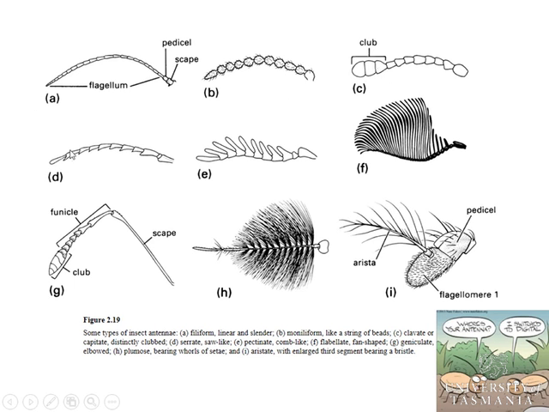Once we're starting to increase the surface area of the antenna, we'll be starting to think that they're using chemical communication a lot, okay? Particularly in sexual communication between males and females. So we're starting to increase that surface area here. We've got serrate or saw-like, then we've got pectinate or comb-like, and then we've got flabellate or fan-like.